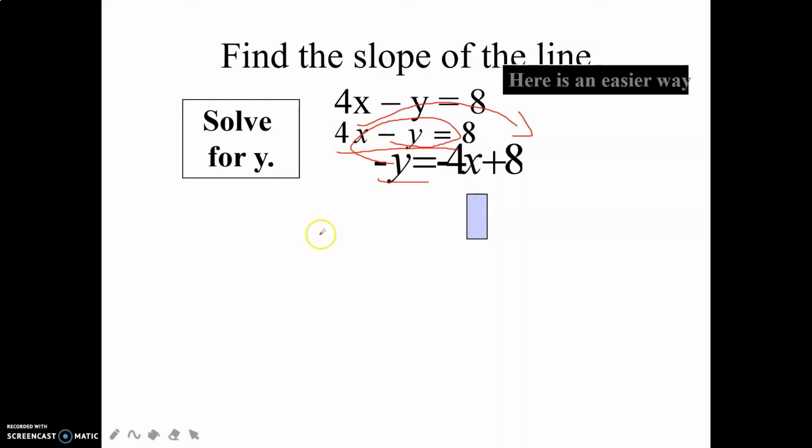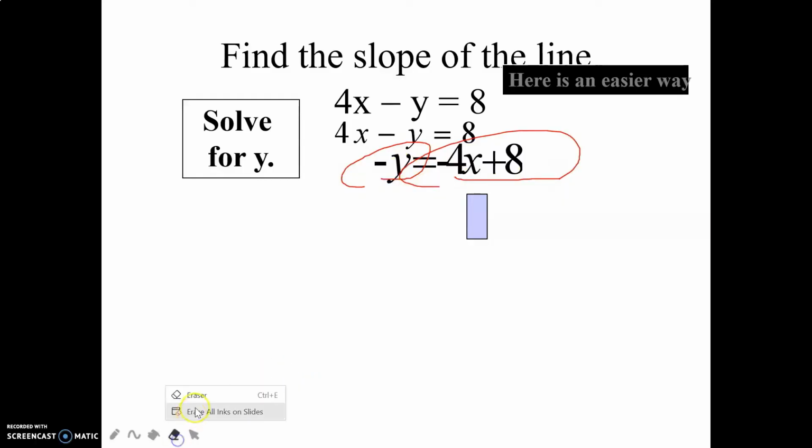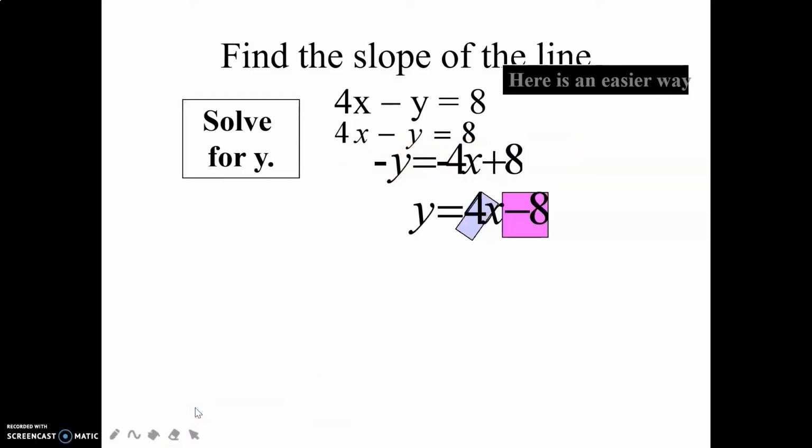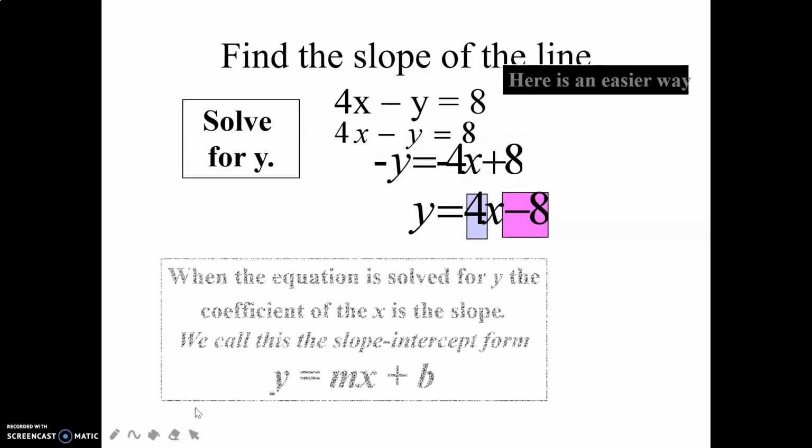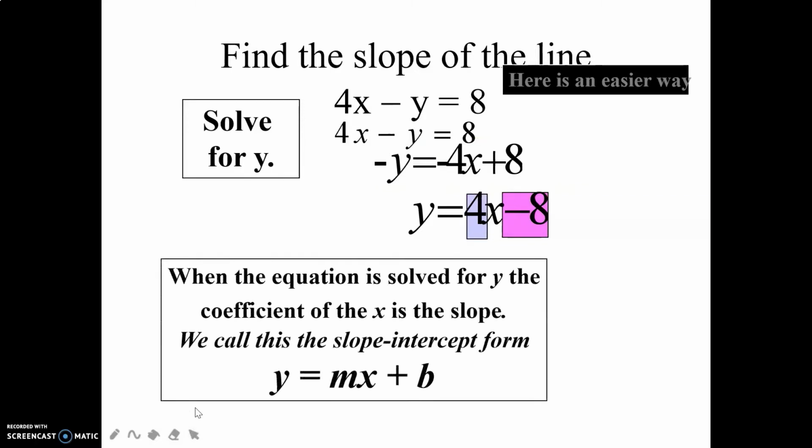So, when we move them, we get negative 4x plus 8. And then, multiplying all terms by negative 1, or dividing, to remove the negative of y, we get y equals 4x minus 8.